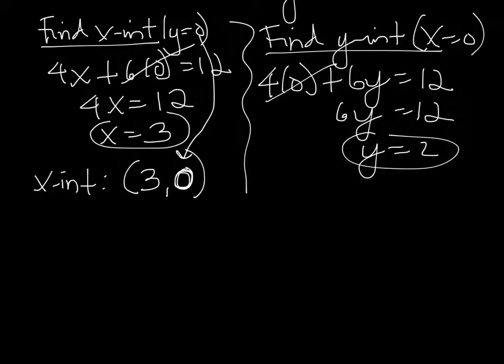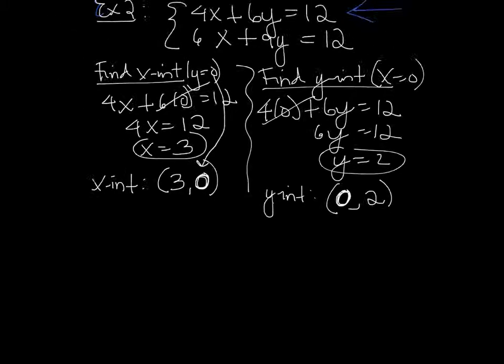So I let x be 0, and my y-intercept is 2. Okay, so I found 2 points on this graph. So let's plot these points.